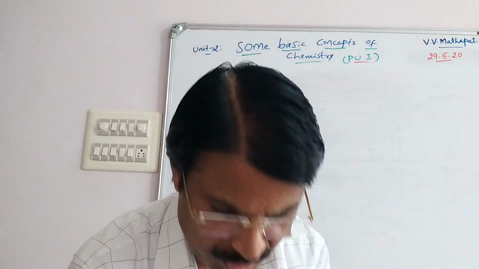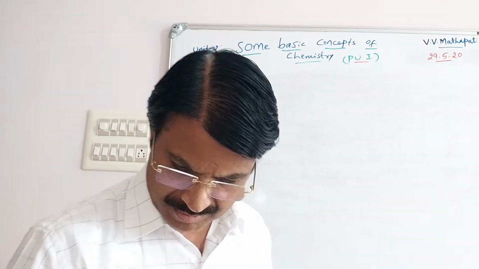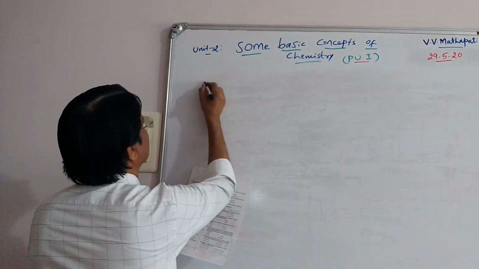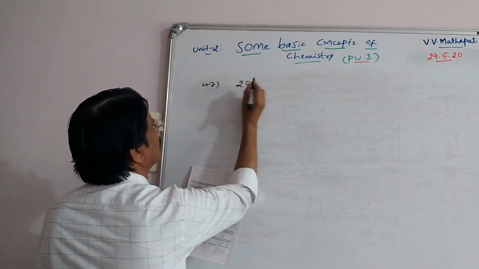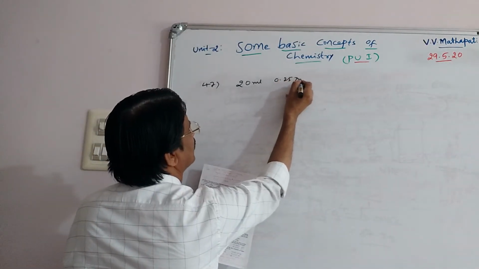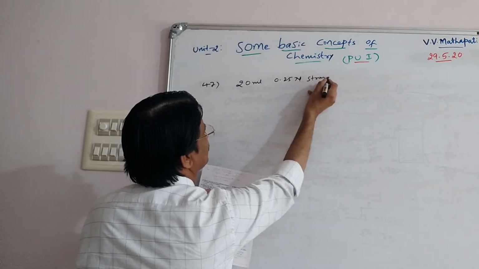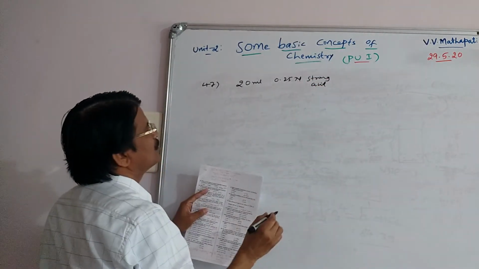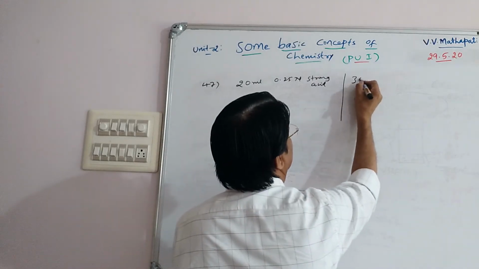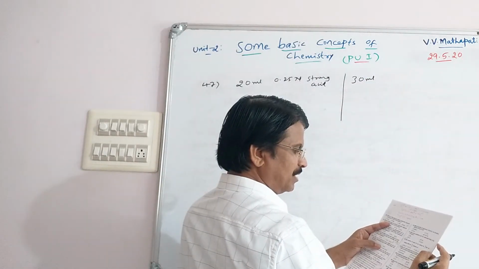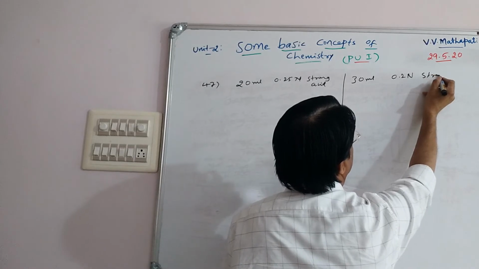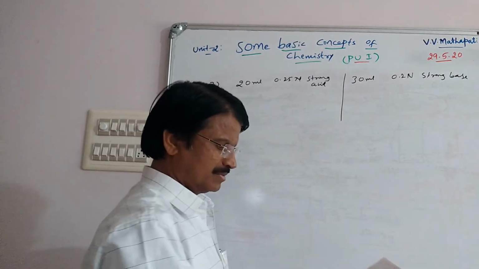Then one more last question, question number 47. 20 ml of 0.25 N strong acid and 30 ml of 0.2 N strong base are mixed.